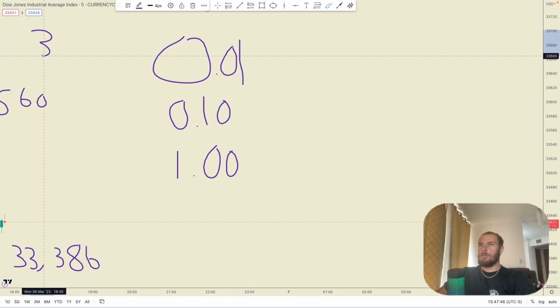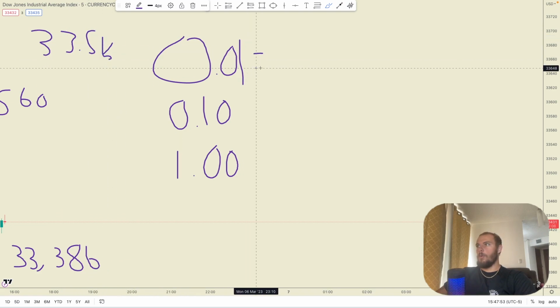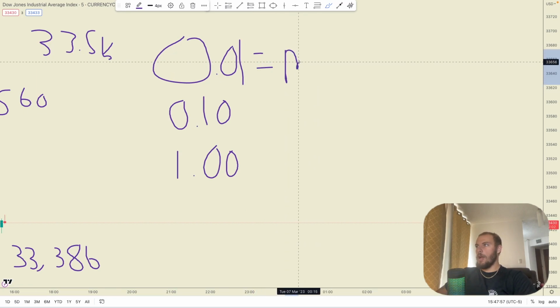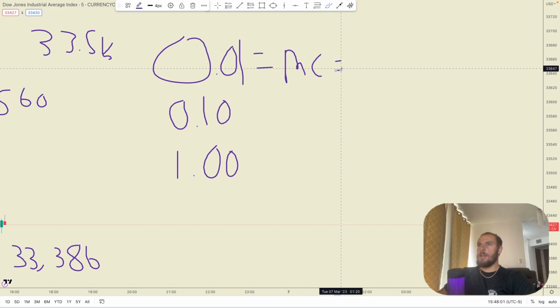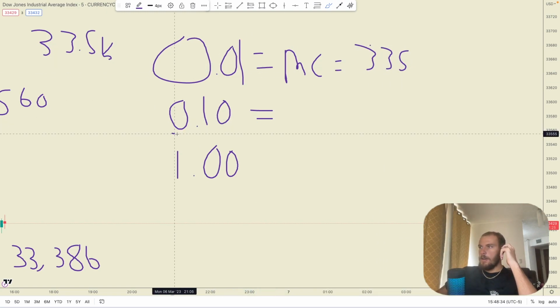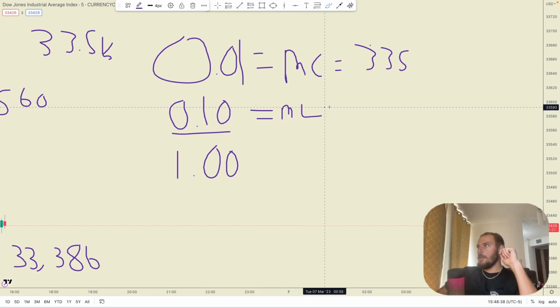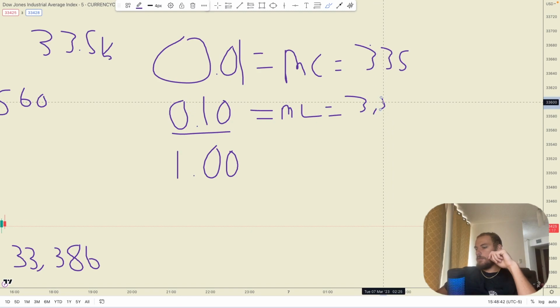So if the Dow Jones, let's just say for simple math, is worth 33.5K, then with a 0.01 lot, also known as a micro lot, you would be trading $335. With this right here, 0.10 is a mini lot, and with this one you would be trading $3,350.